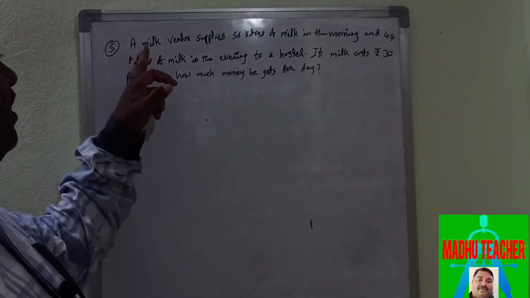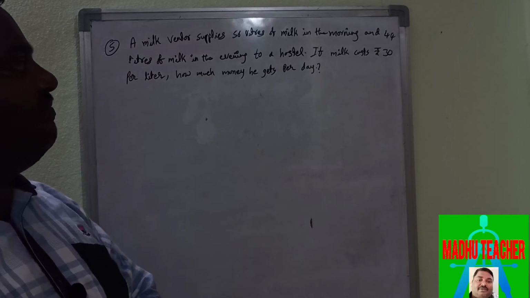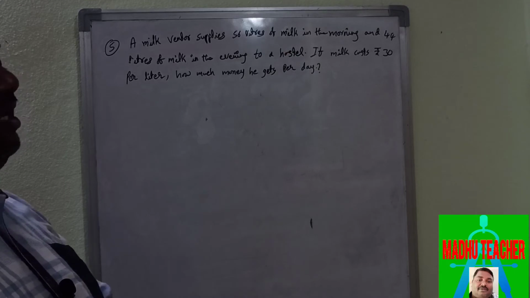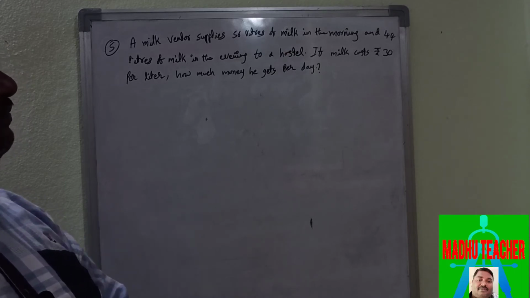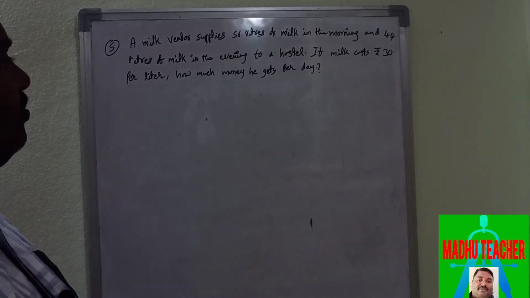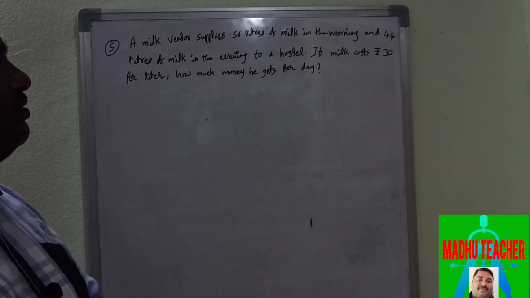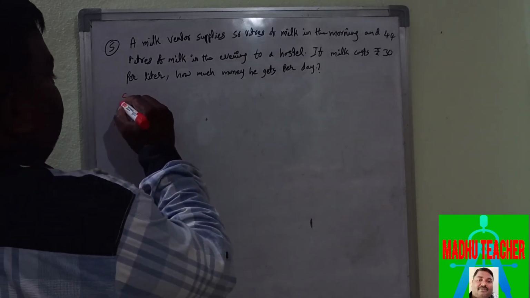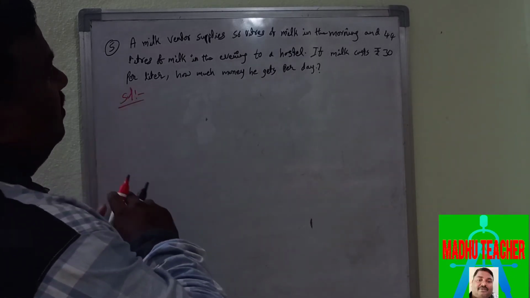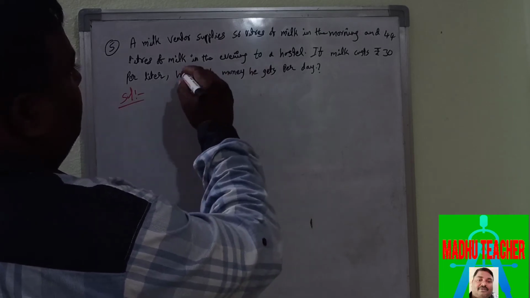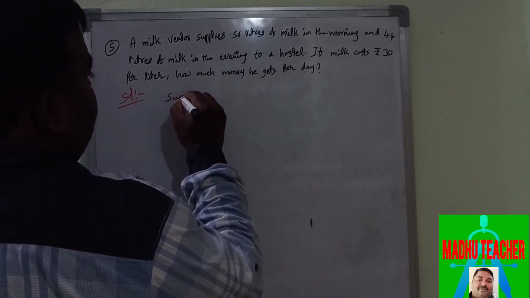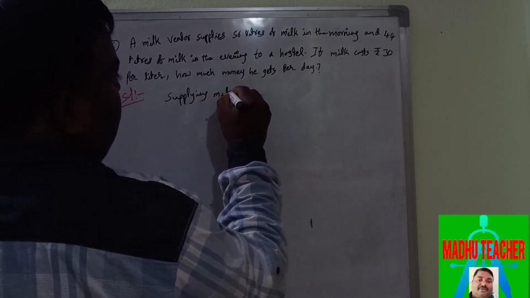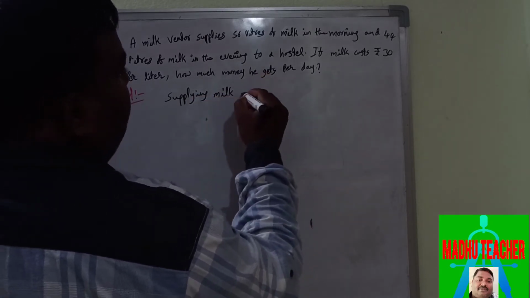Question is, a milk vendor supplies 56 liters of milk in the morning and 44 liters of milk in the evening to a hostel. If milk costs rupees 30 per liter, how much money he gets per day? So first given one is supplying milk in the morning.